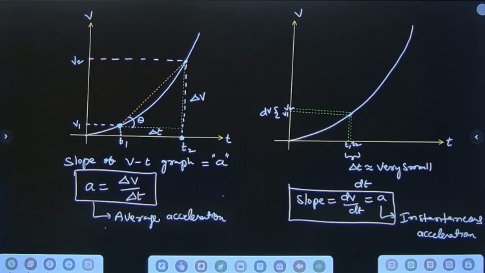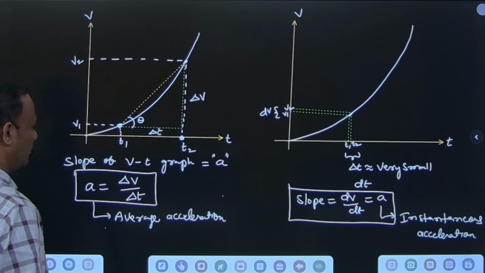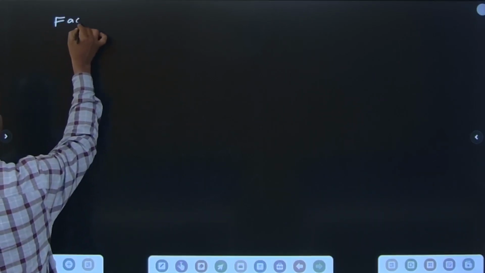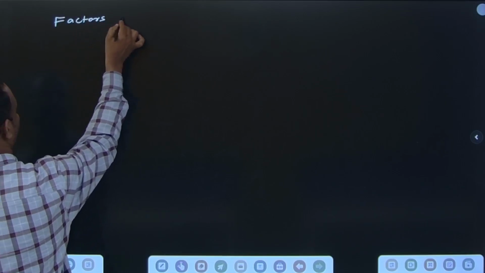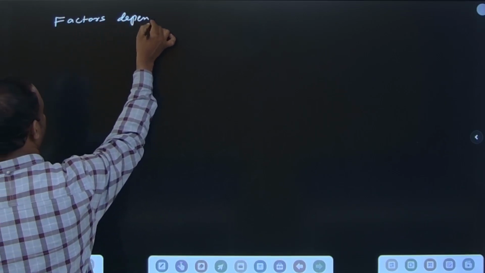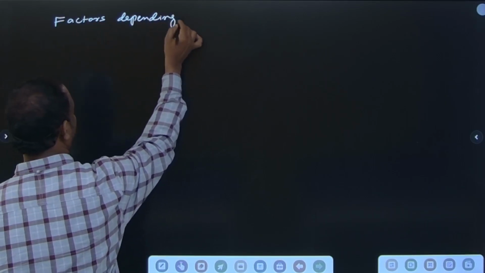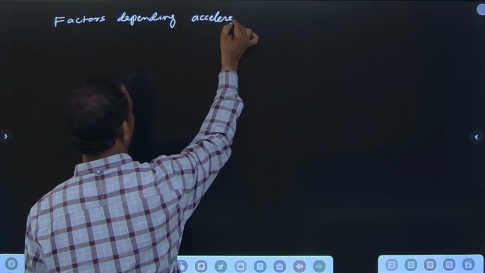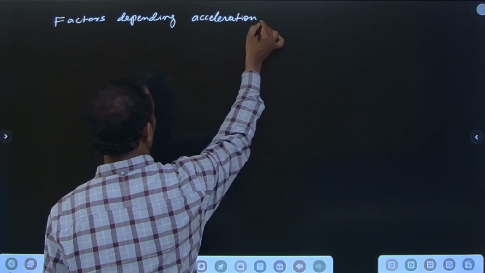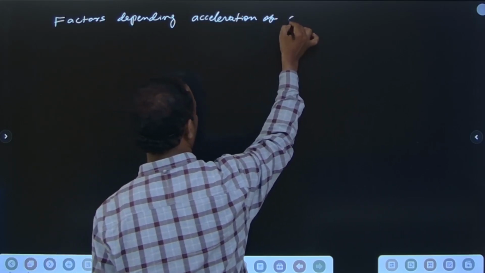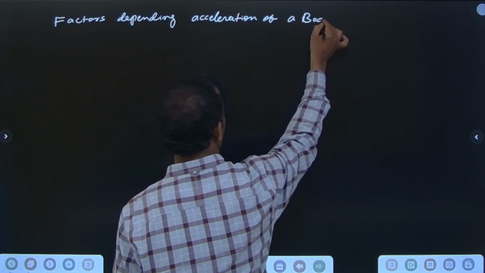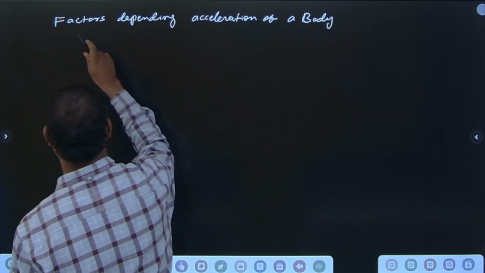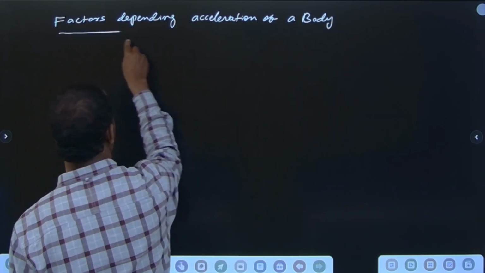So what are the factors that the acceleration of a body depends on?